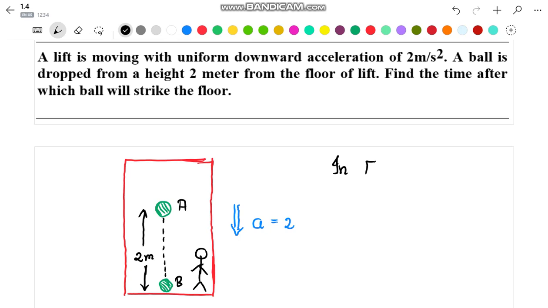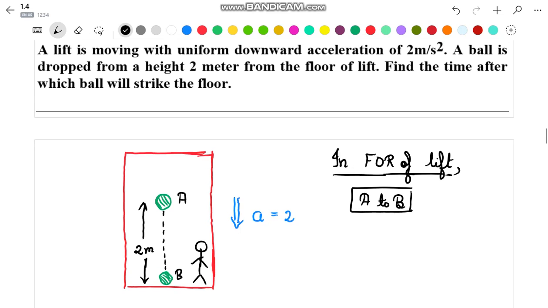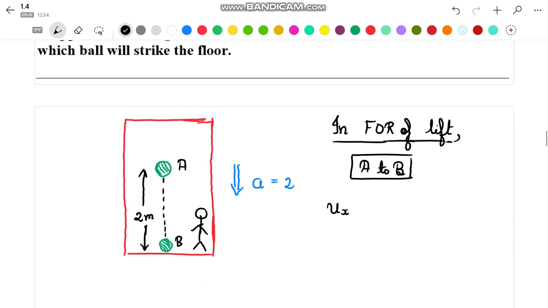So in frame of reference of lift, while I am observing the ball, I am writing equation of its motion from A to B. I can write the value of initial relative velocity of the ball as seen by observer inside lift to be equal to 0.